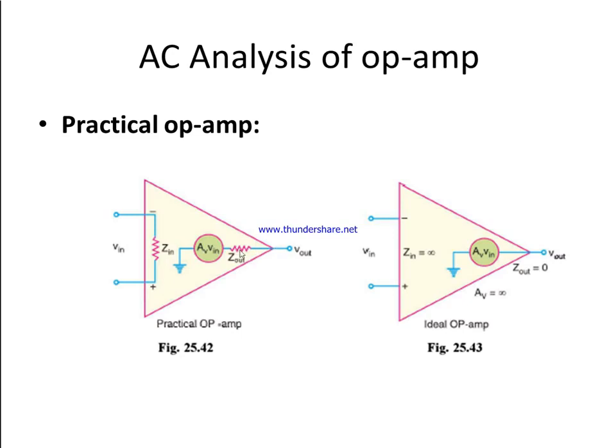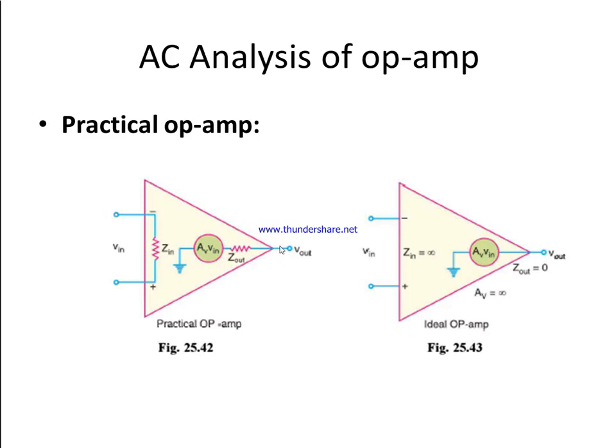If we give a VIN voltage at the input terminal, then the output will be the voltage gain AV times VIN. This output voltage is taken through the output impedance. Clear?